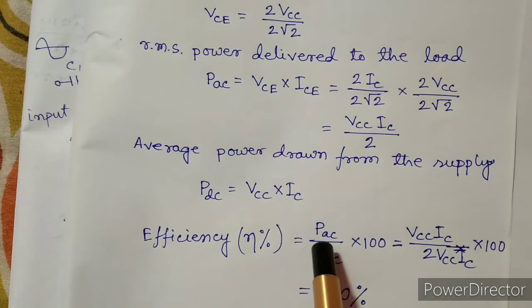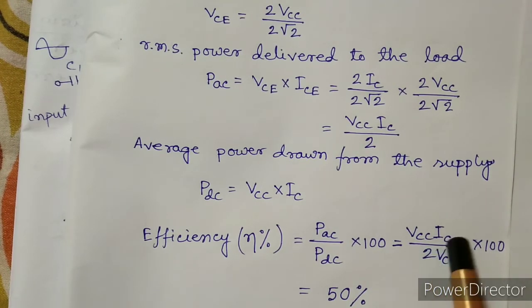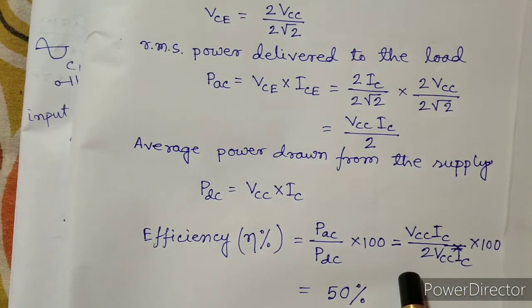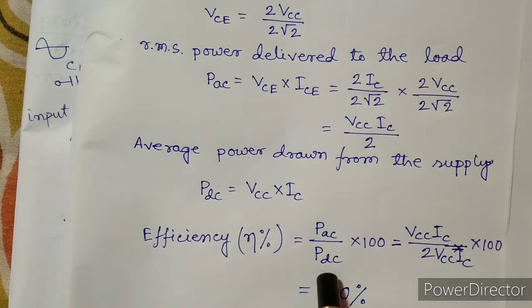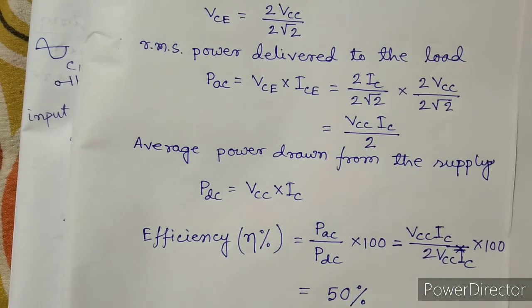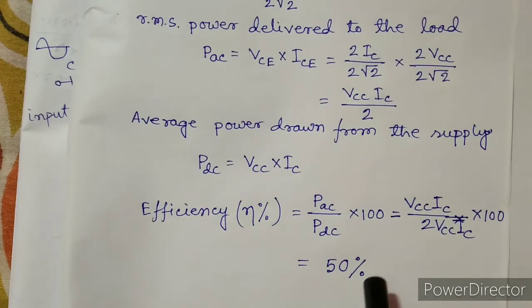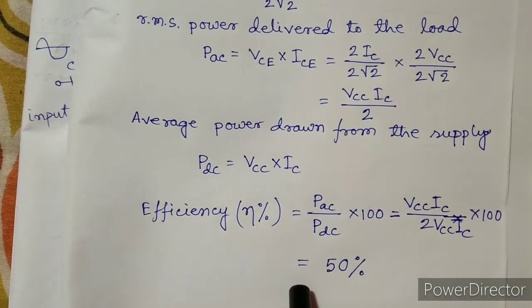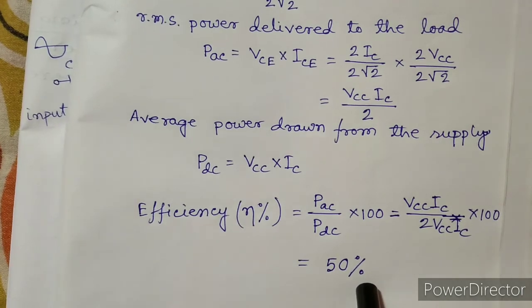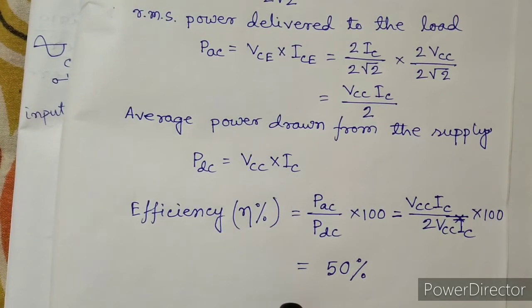Now, if we put PAC as VCC IC by 2, and PDC as VCC into IC, we will get that the theoretical value for a transformer coupled class A amplifier is 50%. Theoretically we will get the efficiency of 50%, but in practical cases the efficiency is much less than 50%.